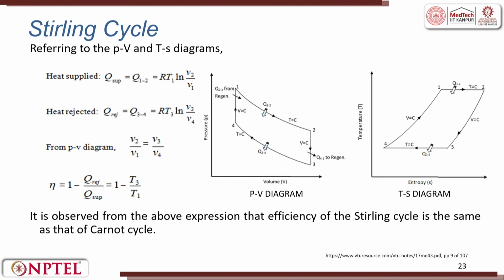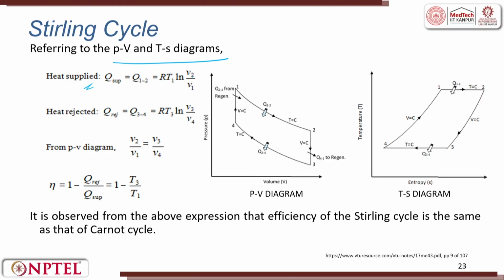So, referring to the PV diagram and TS diagram of the Stirling engine, the heat supplied is Q supplied, which from 1 to 2 is RT1 natural logarithm of V2 by V1. Heat rejection happens between 3 to 4, it is RT3 natural logarithm of V3 by V4.